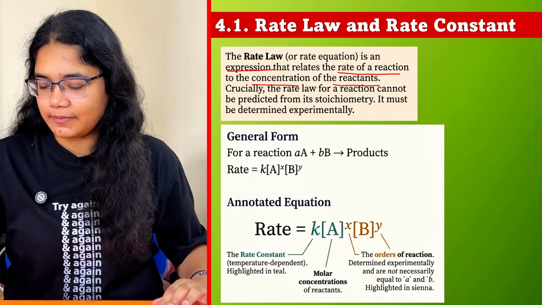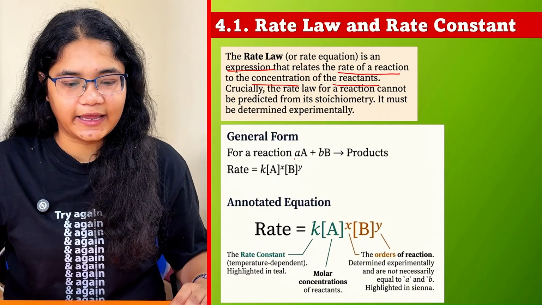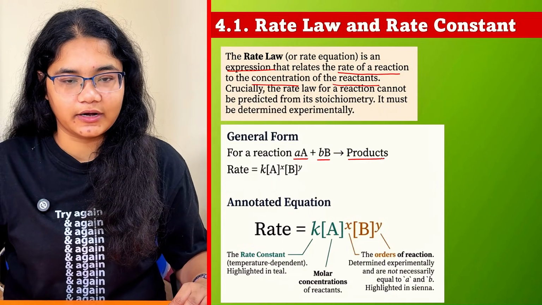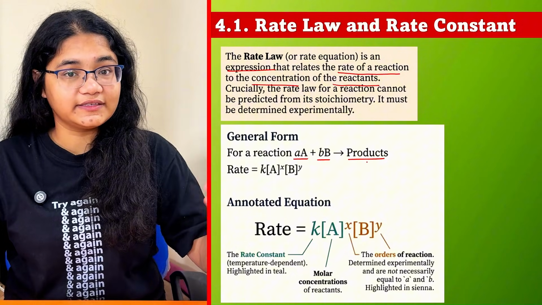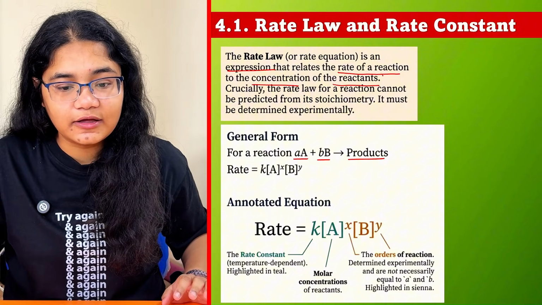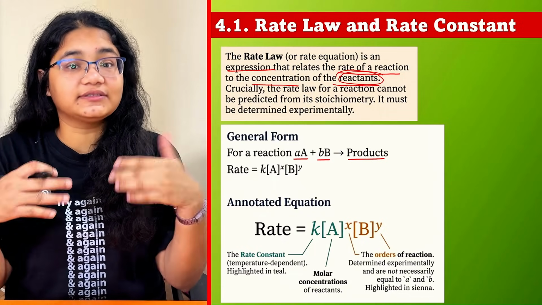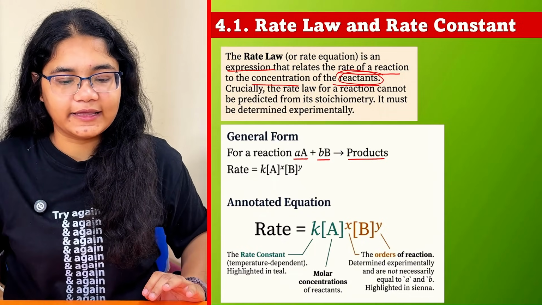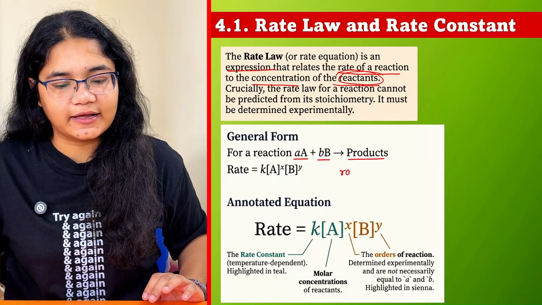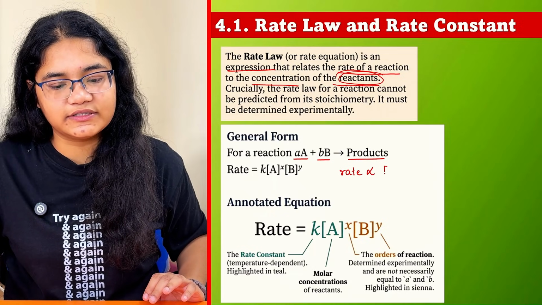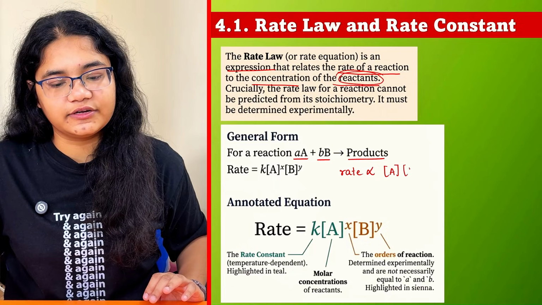Clear? So for example, if I have a reaction like this, A plus B gives you product. Rate law, remember, always relates the concentration of the reactants, not the products. Reactants and rate, that relation is given by rate law. So here I can say that the rate of the reaction is proportional to the concentration of A and the concentration of B.